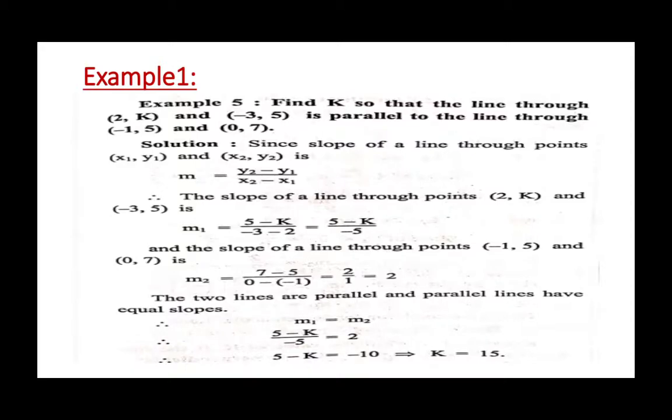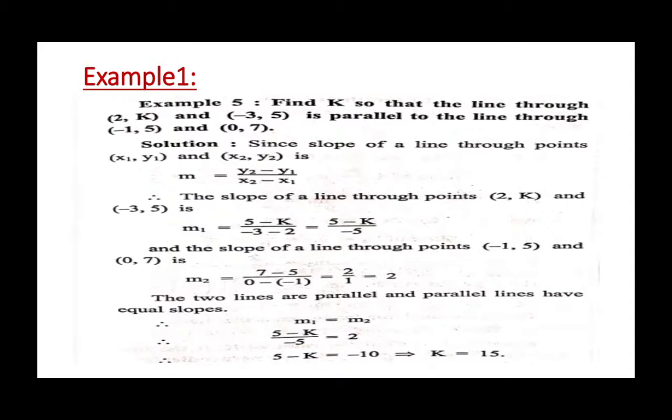So let's see an example based on perpendicular lines and parallel lines. The example is: find k so that the line passing through the points (2k, -3) and (5, ...) is parallel to the line passing through the points (-1, 5) and (0, 7).